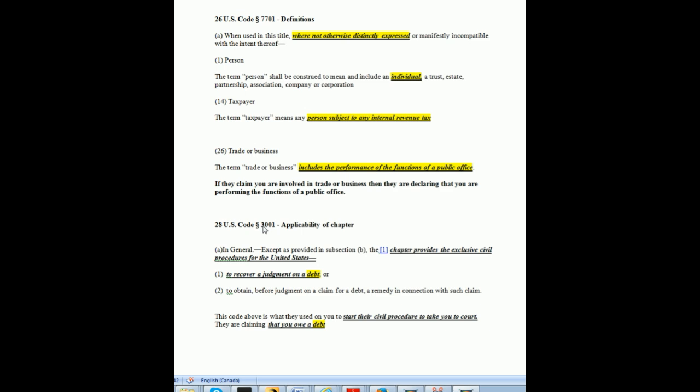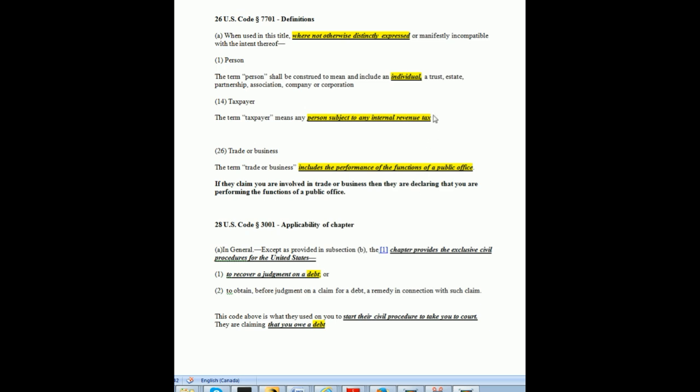28 U.S. Code, Section 3001, applicability of the chapter. So in general, except as provided for in subsection B, the chapter provides the exclusive civil procedure for the United States to recover a judgment on a debt.